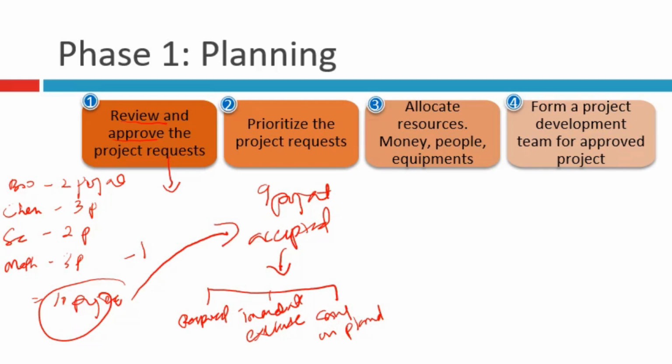So 9 projects accepted. But because of the second activity, this prioritization, there might only be 3 activities that will be completed and go through the third activity, which is allocate resources such as money, people, and equipment.